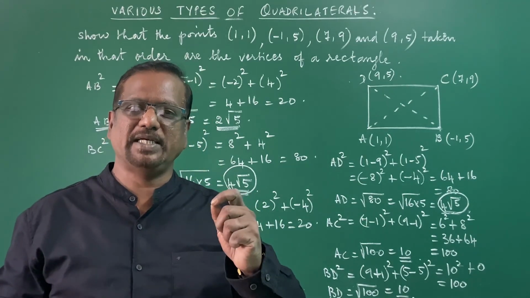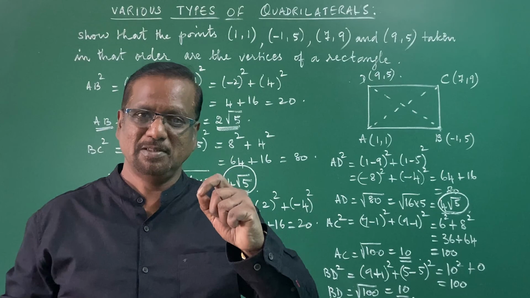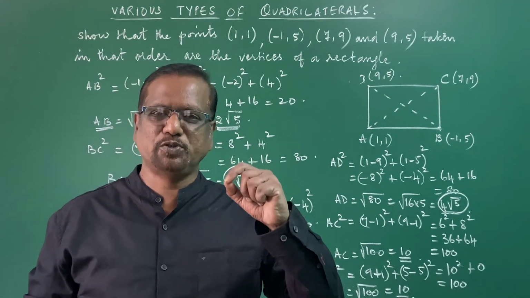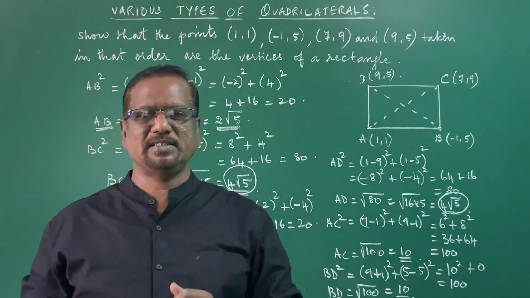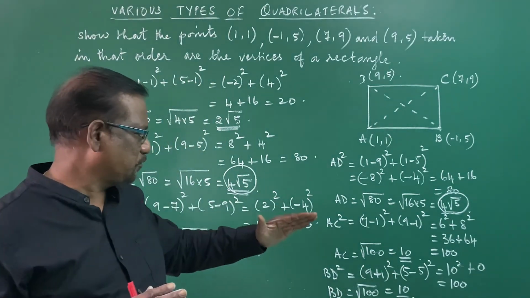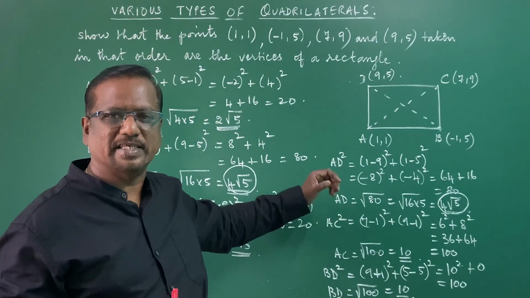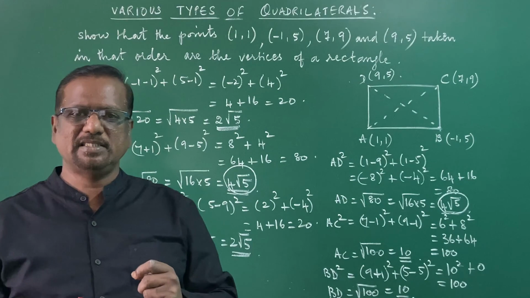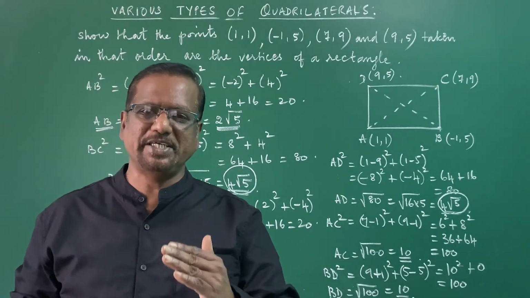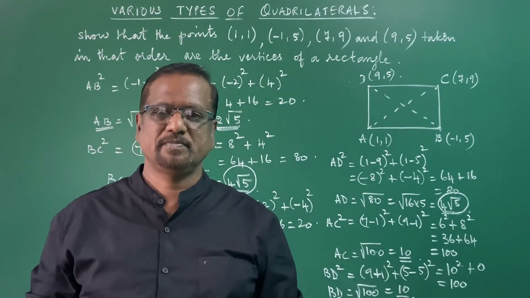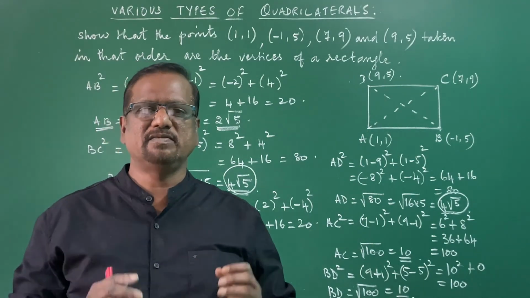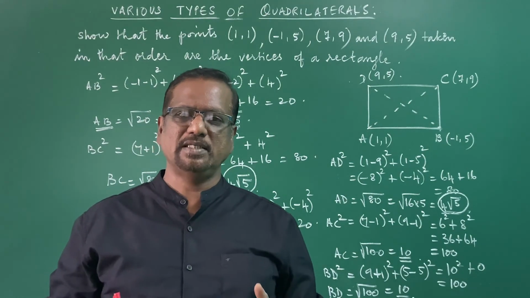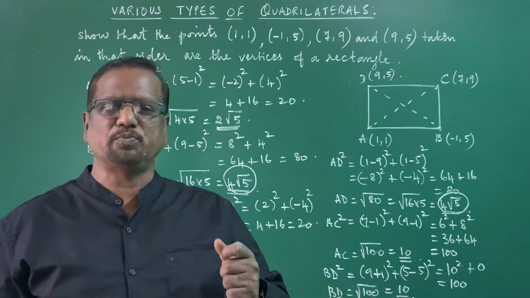And hence you have to write it is a rhombus. But please don't stop there, because we have to prove it is a square. And hence we have to find the lengths of the diagonals AC and BD. You will notice that the lengths of AC and BD will also be equal. In a rhombus, if the lengths of the diagonals are equal, it becomes a square, and that is the condition that you have to prove.